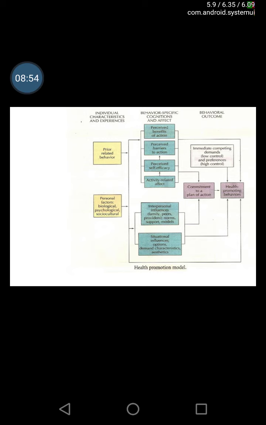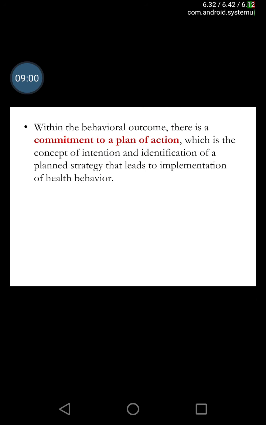We are moving further to the third area, the commitment to a plan of action. Within the behavioral outcome, commitment to a plan of action is the concept of intention and identification of a planned strategy that leads to implementation of health behavior.